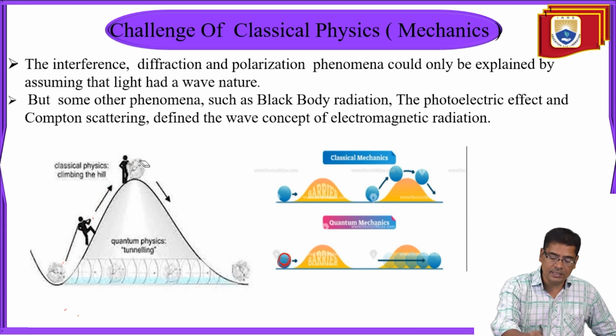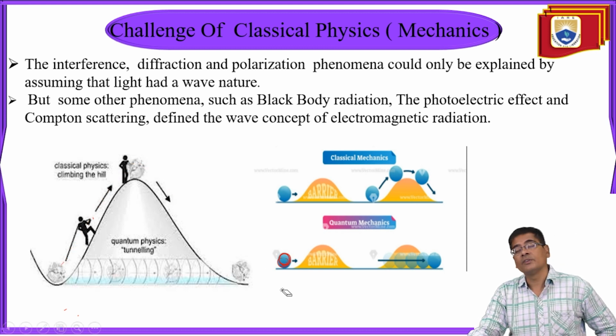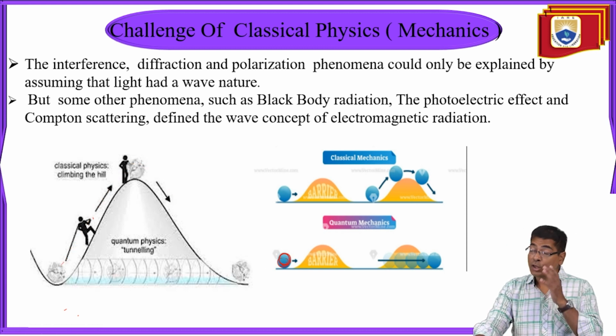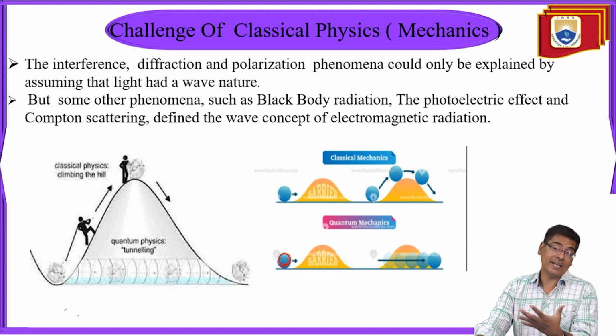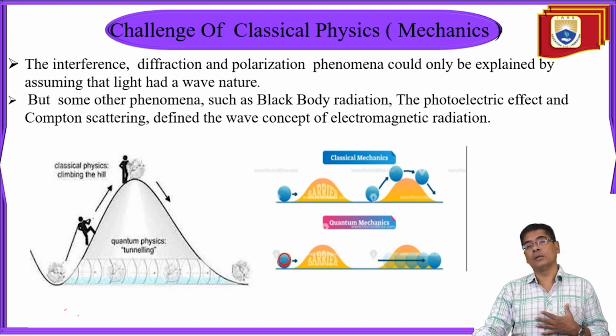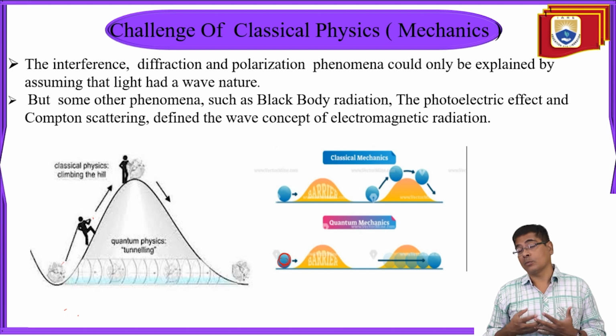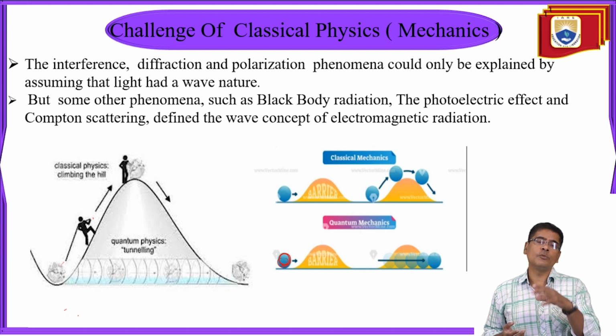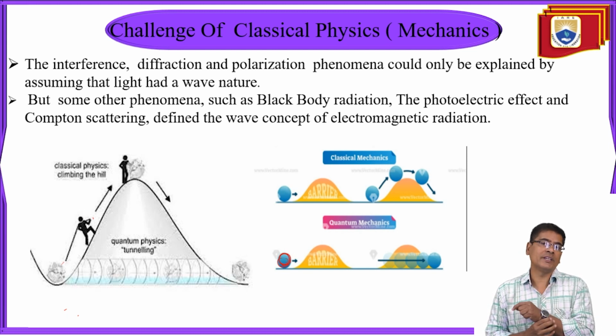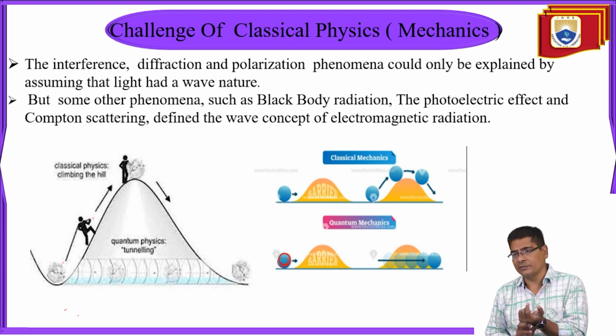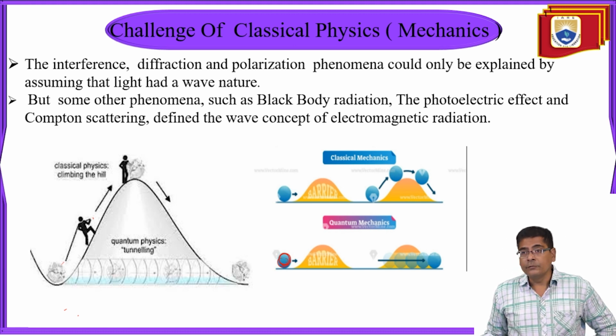These are certain challenges that classical physics was unable to explain. These gaps or challenges are overcome by taking quantum mechanics into view. So this is the introductory part between classical physics and quantum physics.